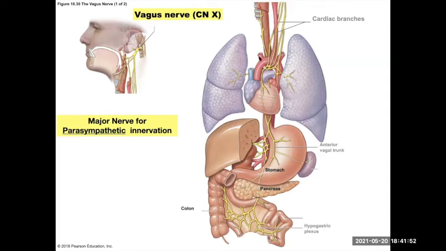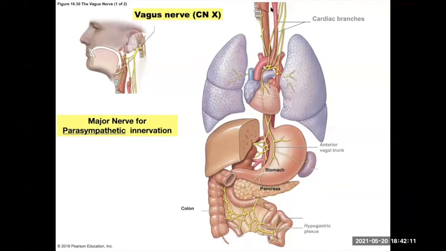Another cranial nerve, a very important one, is one we will talk more about next lecture when we get to the parasympathetic division of the autonomic nervous system, because your vagus nerve is about 75% of your parasympathetic output. That's cranial nerve number 10.